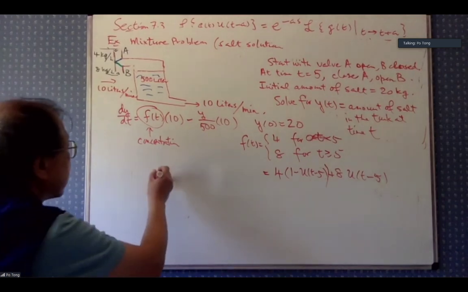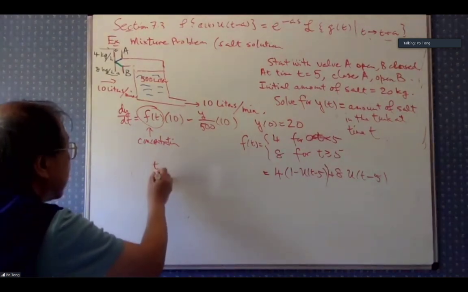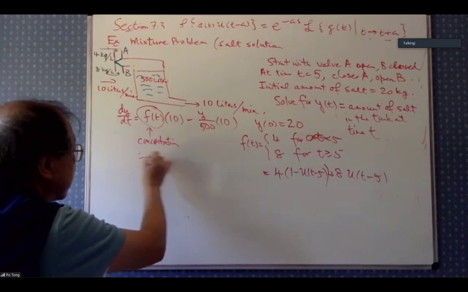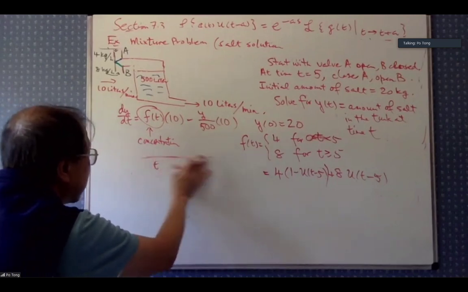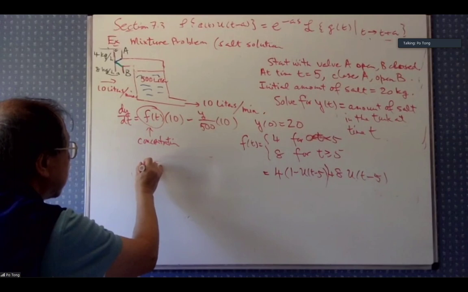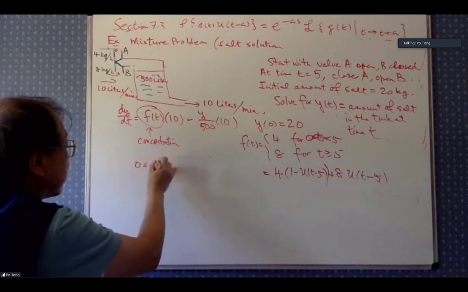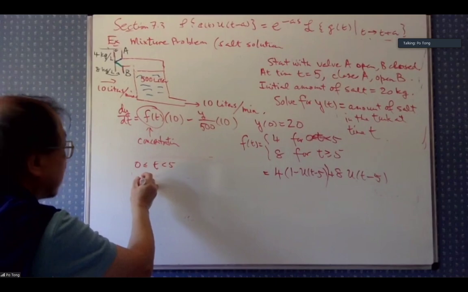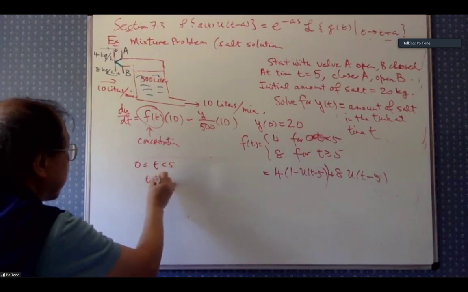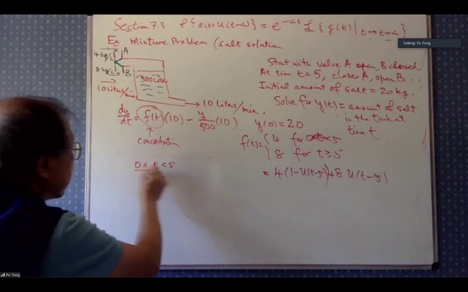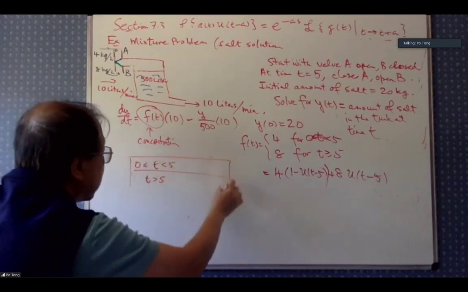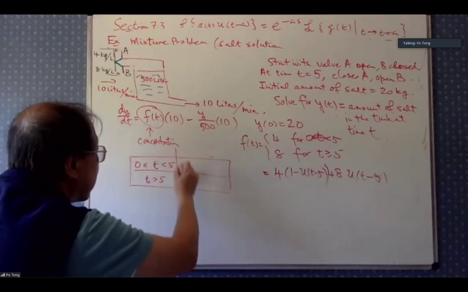Okay, so for t between 0 and 5, and then t bigger than 5. There are 2 functions here.